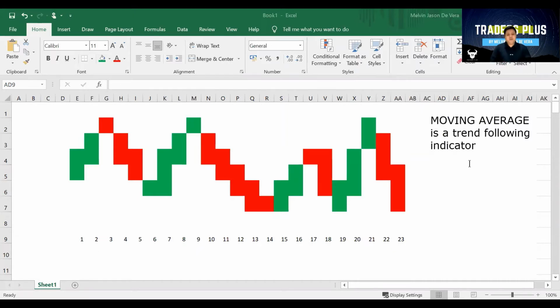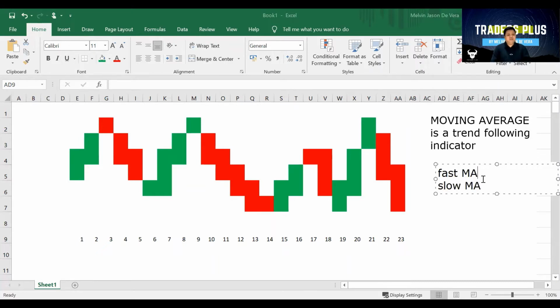Depende kung gaano karami yung period na ina-average para gumalaw ito ng mas mabilis o mas mabagal yung reaction niya. Kaya may tinatawag tayong mga fast MA at mga slow MA.